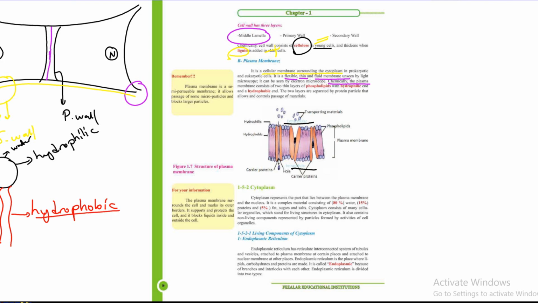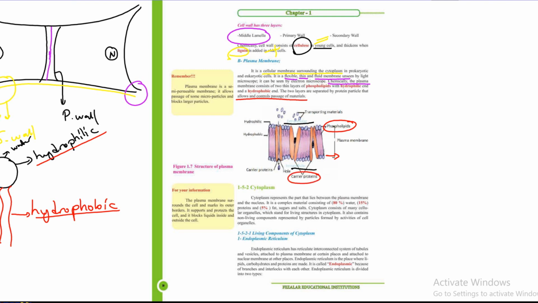So hydrophobic and hydrophilic parts make one phospholipid. So the plasma membrane consists of what? Two layers of phospholipids. What more? The two layers of phospholipids are separated by protein particles that allow passage or control of materials.